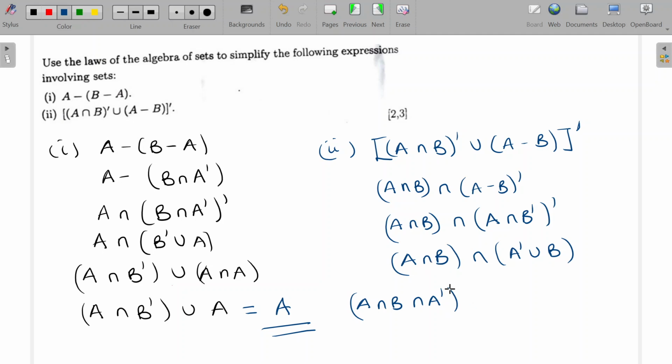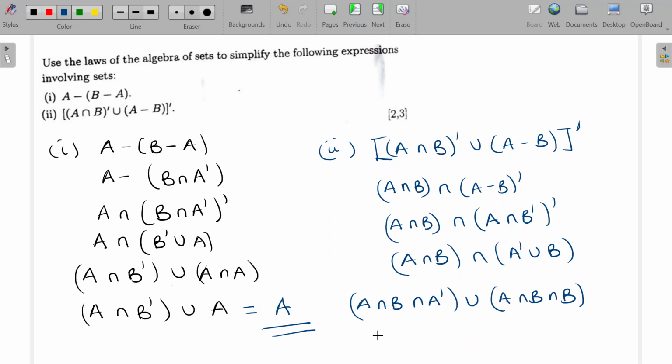Since here there is union, you're going to say union. Then you say A intersection B, you intersect it with the B. You can just arrange the things in order.